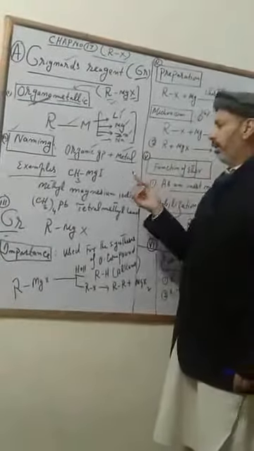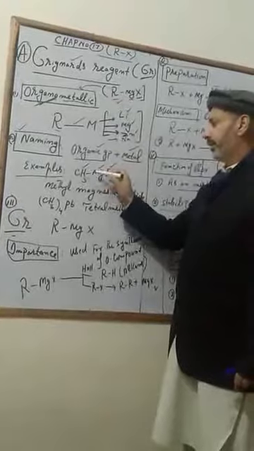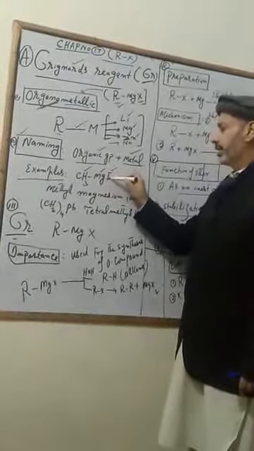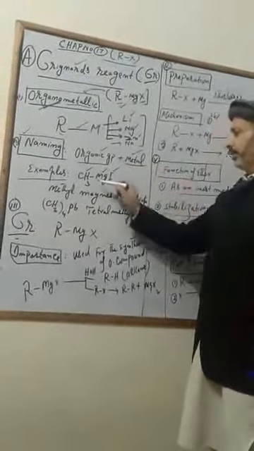Here I will give you some examples in order to understand how you will name organometallics. Here it is methyl magnesium iodide. This is the organic part, this is the name of the metal, and this is the halogen. So the name is methyl magnesium iodide.